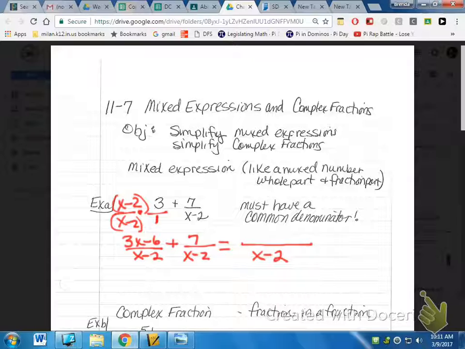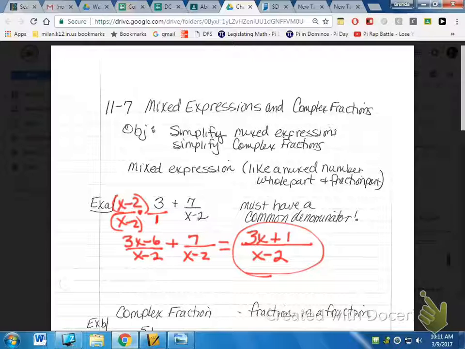And then you combine the numerators. So there's no x term on the right, so it would just be 3x. And you combine negative 6 and positive 7 plus 1. Just like everything else, you check and see if anything factors for any kind of canceling. That one does not, so we've got our answer.